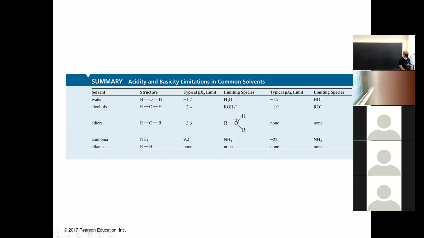Ethers can accept a proton to become this oxonium ion. And the strongest base that could exist in liquid ammonia would be NH2 minus. If you have anything more basic than NH2 minus, it's automatically going to take a proton from ammonia and become NH2 minus. So this is the limiting or leveling effect of the solvent.